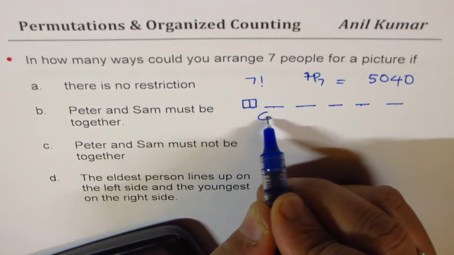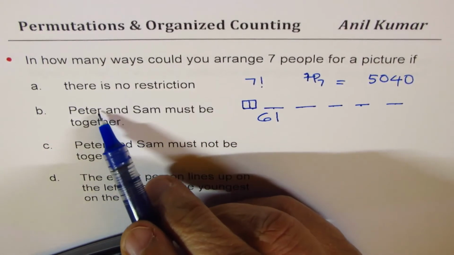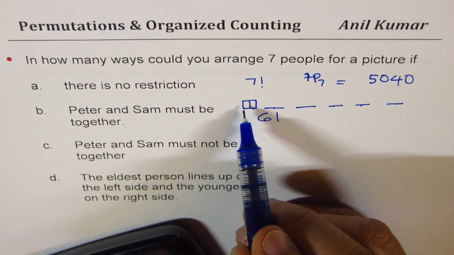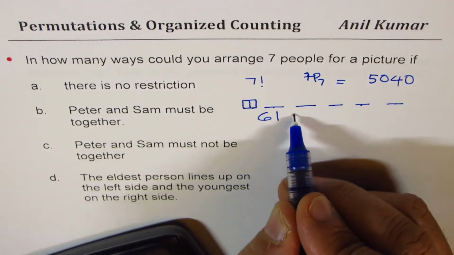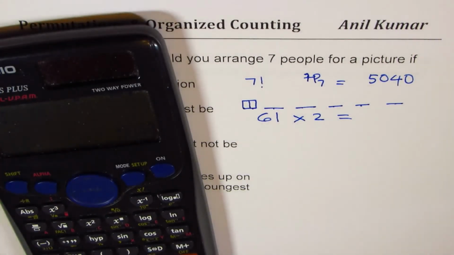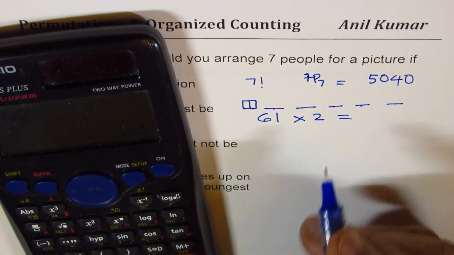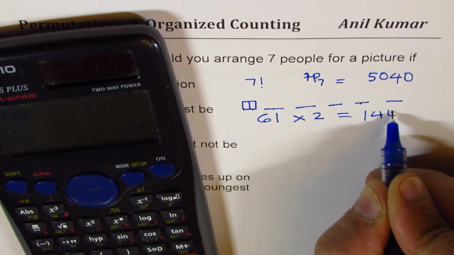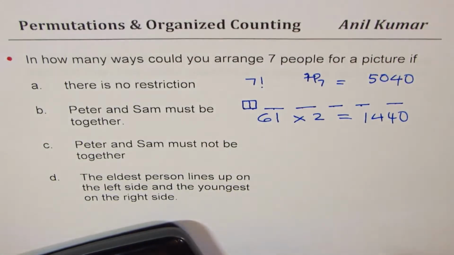So it could be 6 factorial. Now Peter and Sam could alternate. One could come first, the other one could be second. Times 2 is our solution, correct? So that is 6 factorial times 2, and the answer is 1440, correct? Next part is Peter and Sam must not be together.